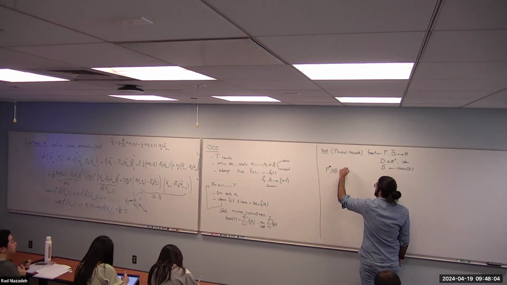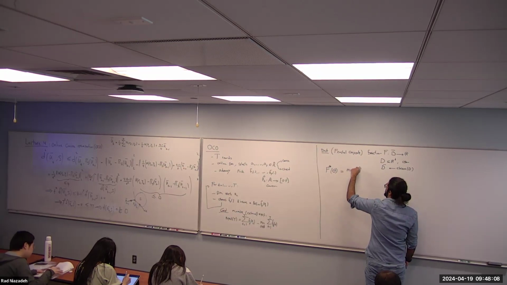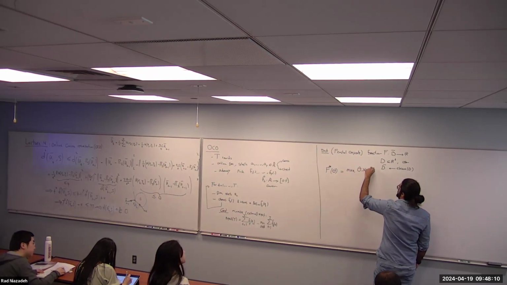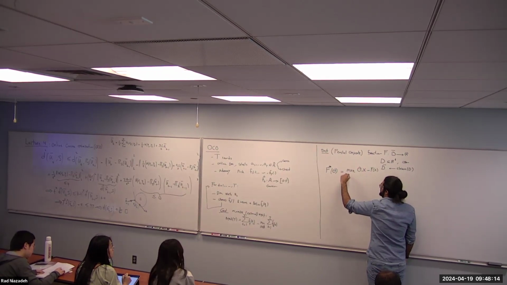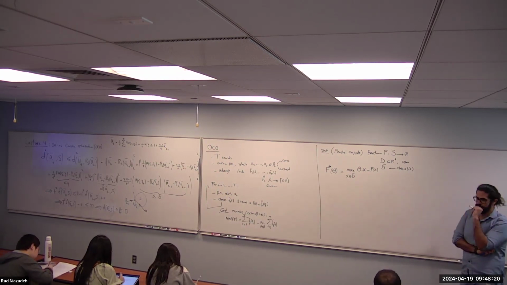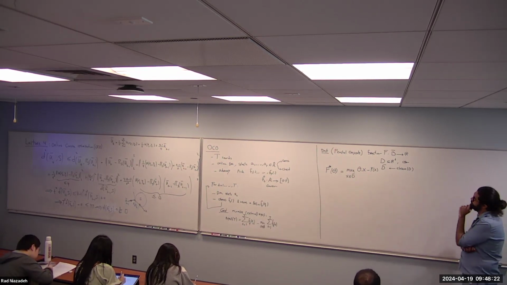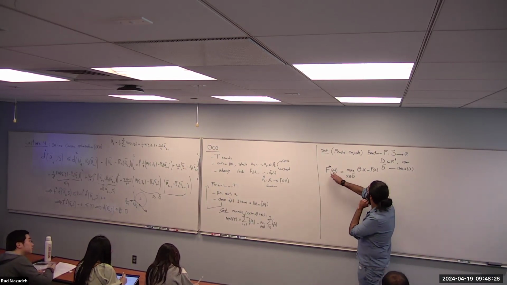I'm going to define it to be the maximum of theta dot x minus f of x over every x in D bar. So this function is called the conjugate of f.